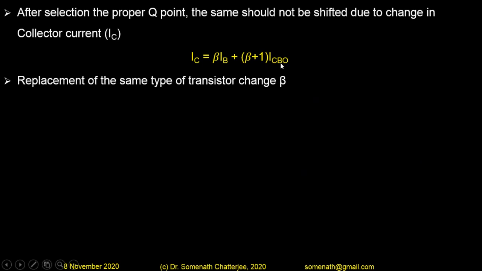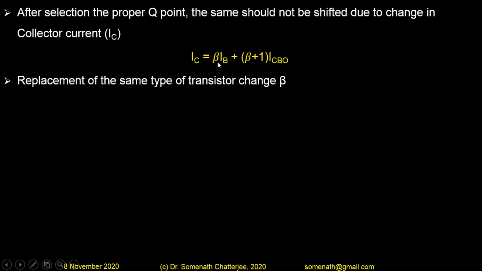But what happens when we consider the temperature? Temperature is a very important factor, which we will discuss in this slide. Then you can understand the importance of ICBO. ICBO is the reverse saturation current in the collector to base junction, right?